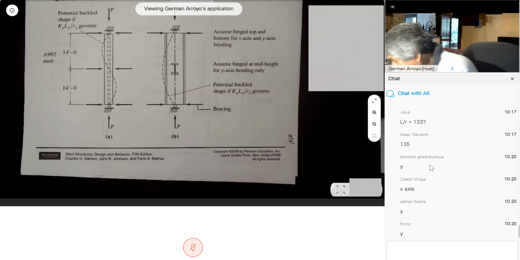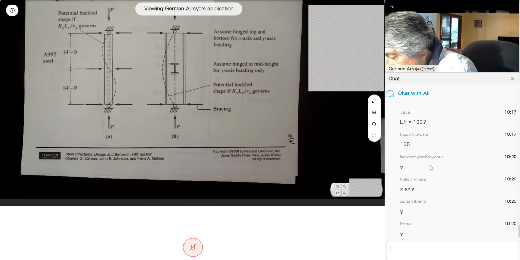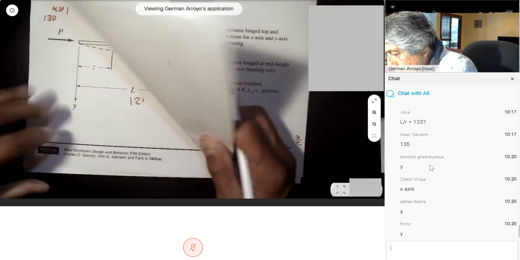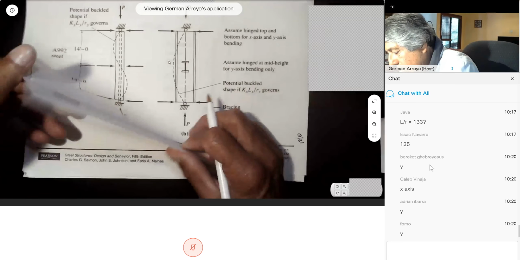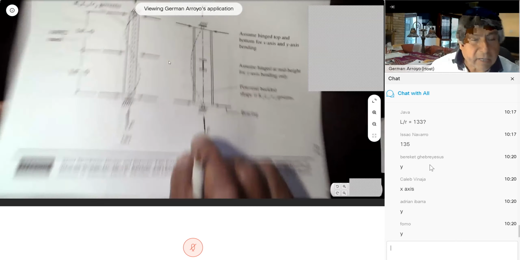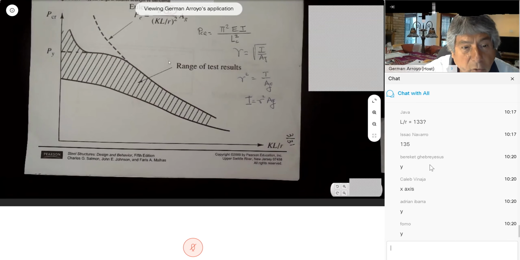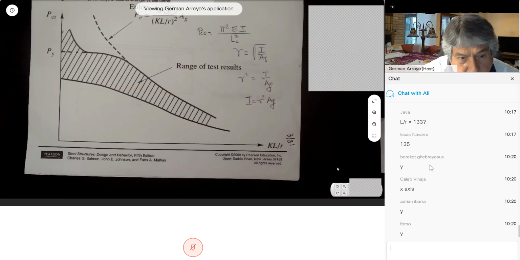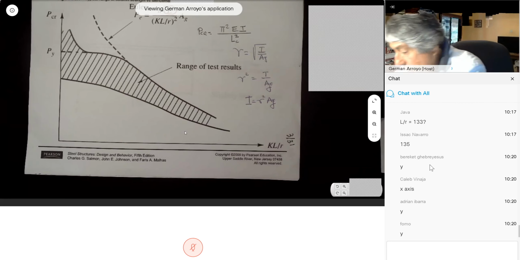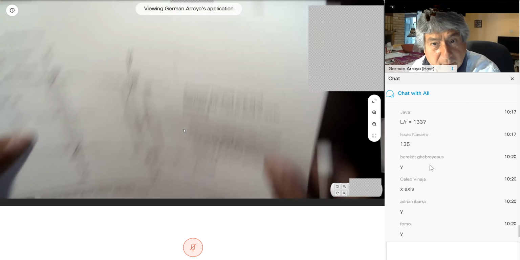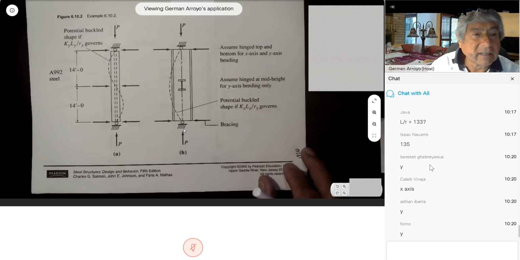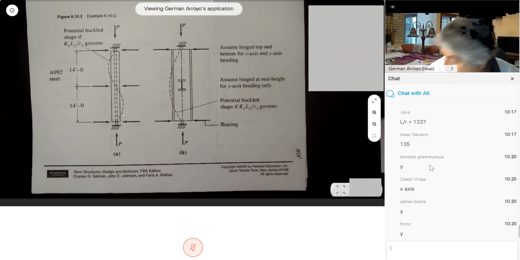That means that for the strong axis, you could be here. For the weak axis, you could be in here. And the one that controls is the largest value because it gives us a smaller critical stress. So there are several problems that we're going to look at where we are bracing the weak axis.